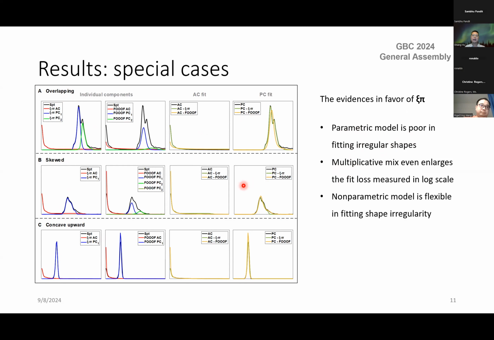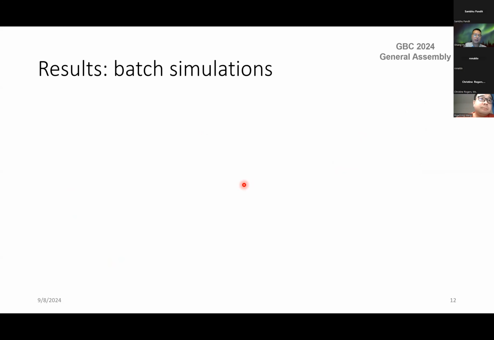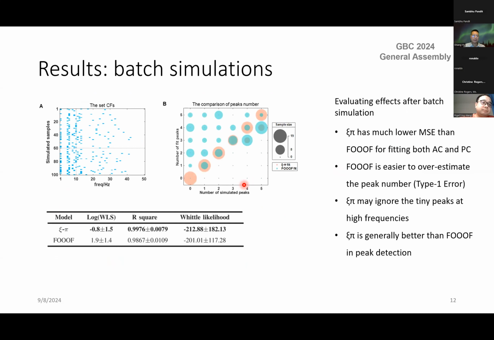Multiplicative mixing may enlarge the fitting error in the log scale. And the non-parametric model is more flexible, okay? In the batch simulation, we simulate over low frequency and high frequency by varying the number of peaks. And CPI has much lower error than FOOOF, and FOOOF more easily overestimates the peak number. CPI may ignore the tiny peaks at the higher frequencies.